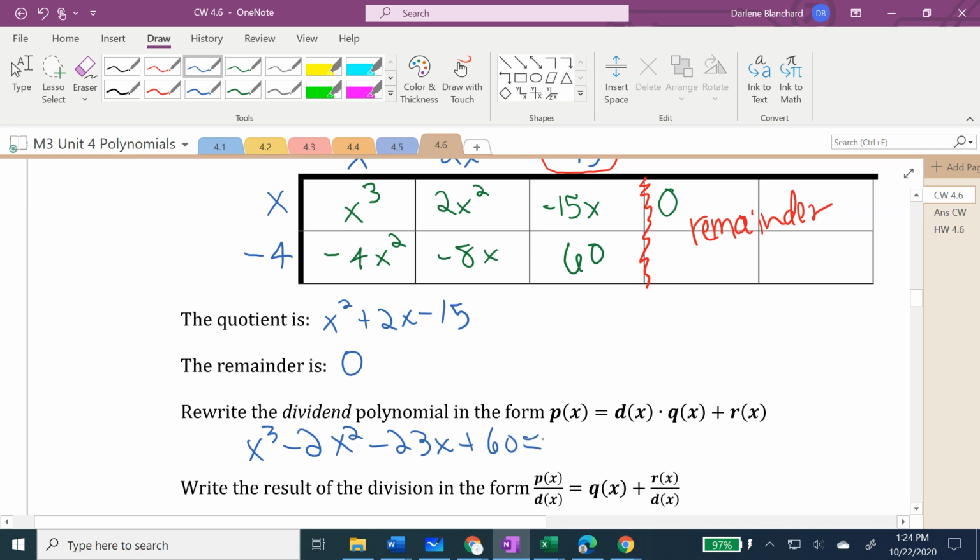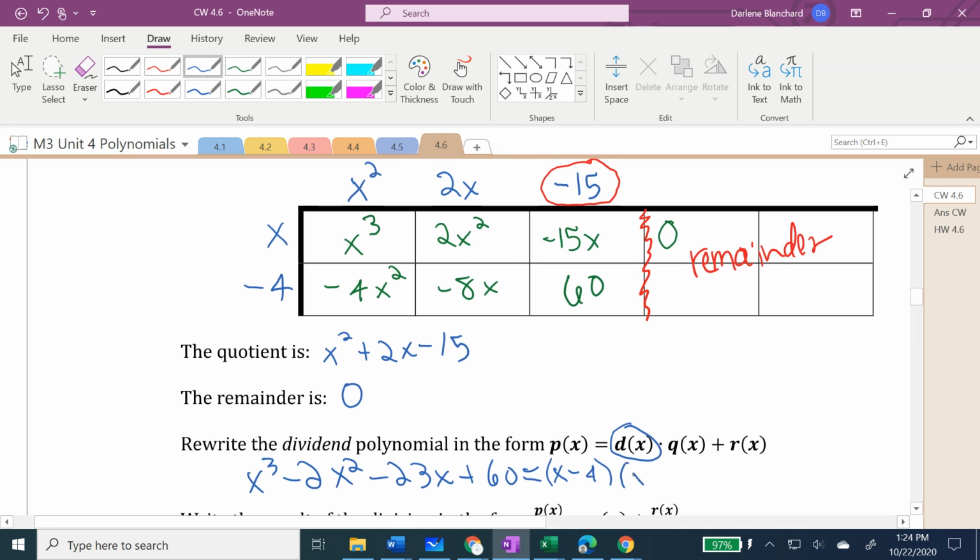So that polynomial is equal to the divisor, x minus 4, multiplied by the quotient, the result that I got from dividing. And if there is no remainder, there's no need to write plus 0.